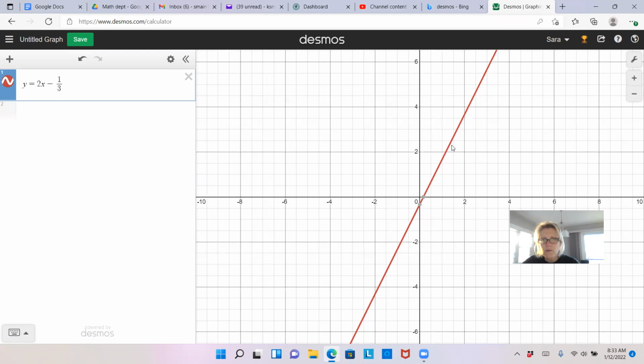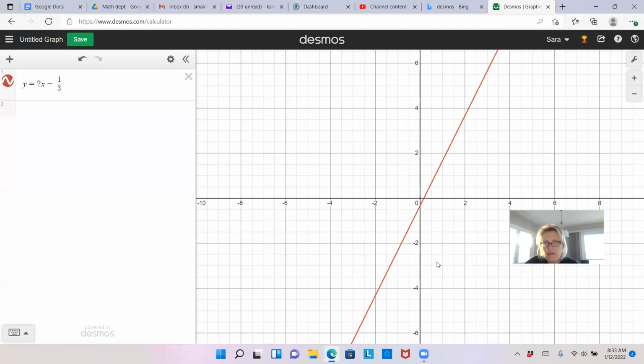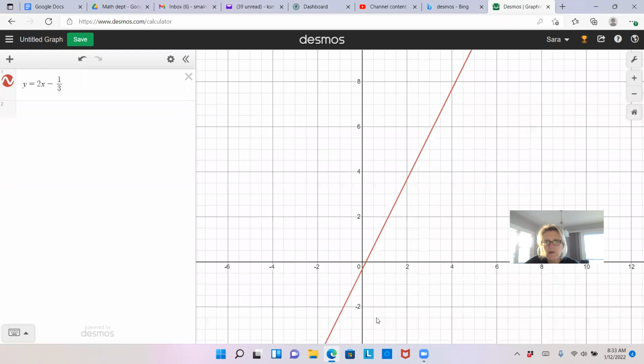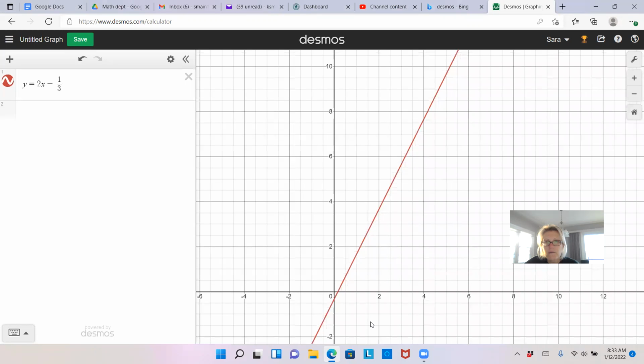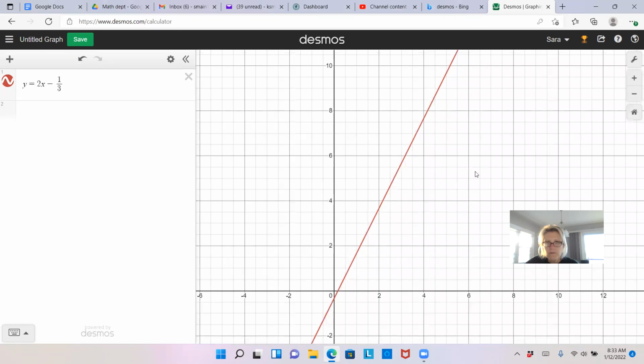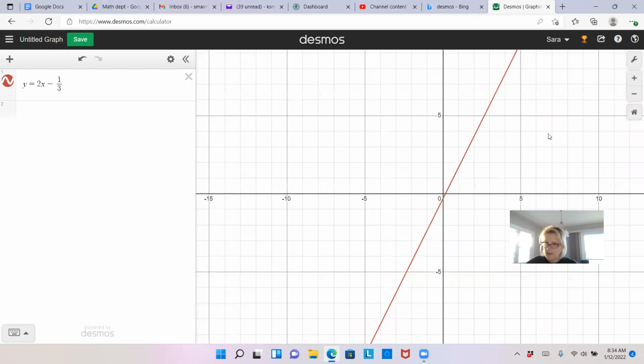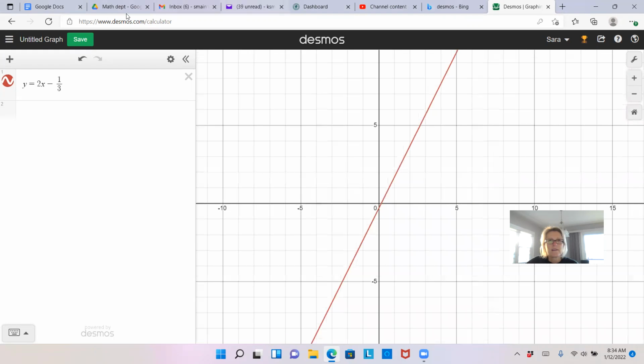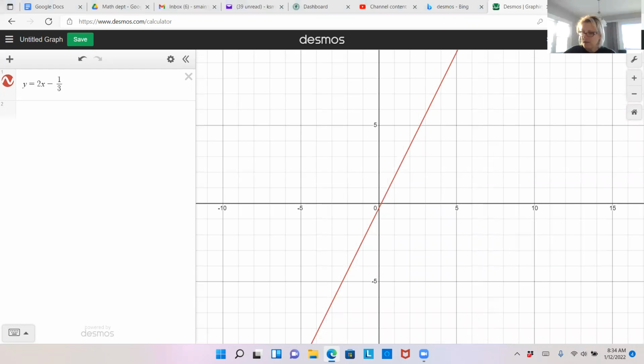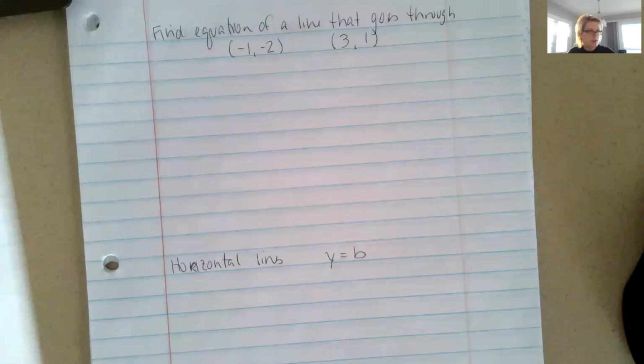Because our y-intercept is at 1/3, it's going to take a while for it to get to one that's perfect. Well, this is not a good one for that. Let's go to our next equation.